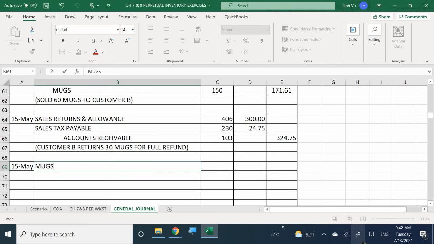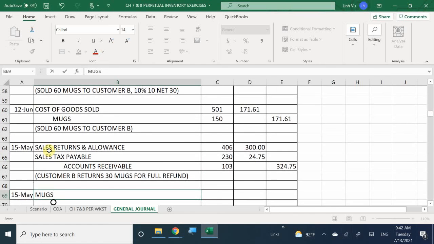If these were items that I previously sold, when you sold them, it was on account. Yes, but I already refunded that person on the account.